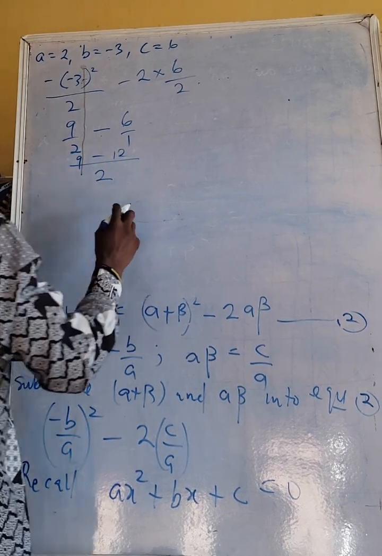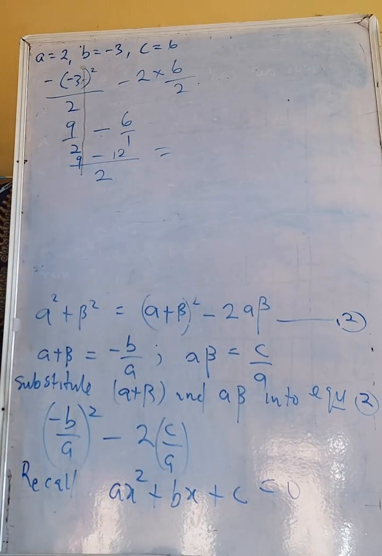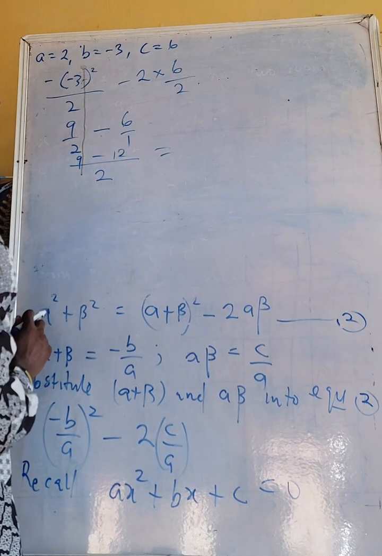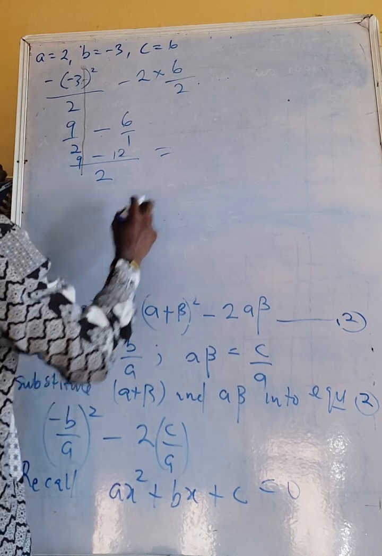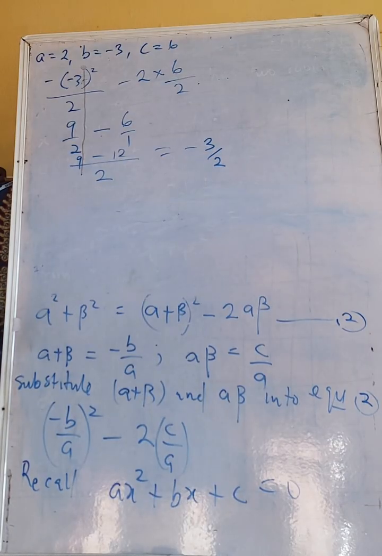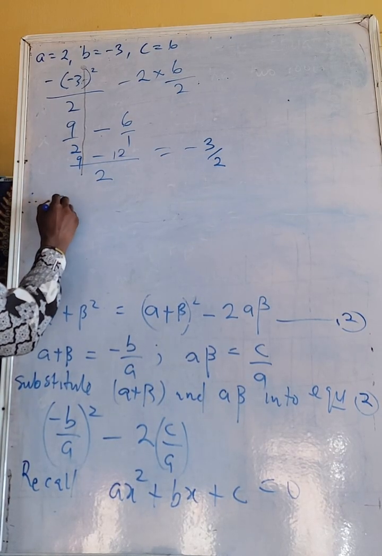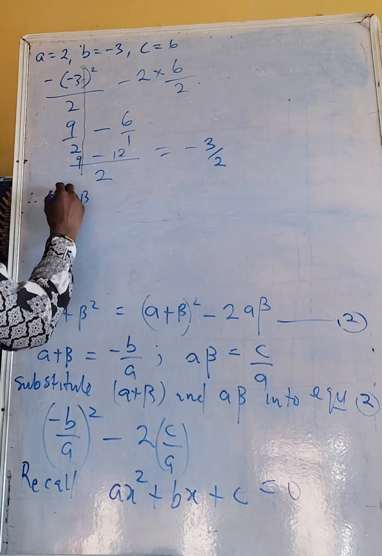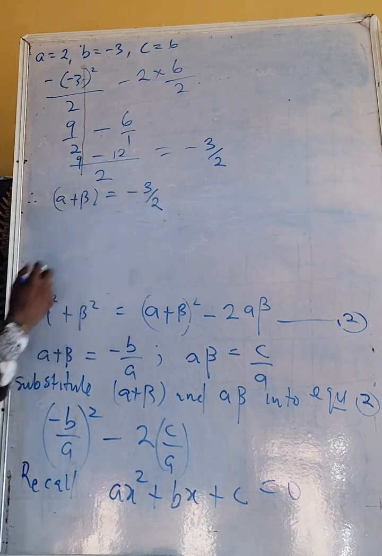So that is 9 minus 12, which will give you minus 3 over 2. Therefore, alpha plus beta will be equal to minus 3 over 2.